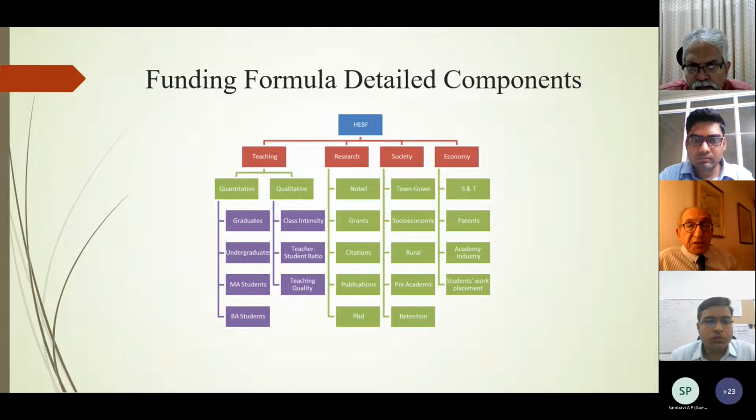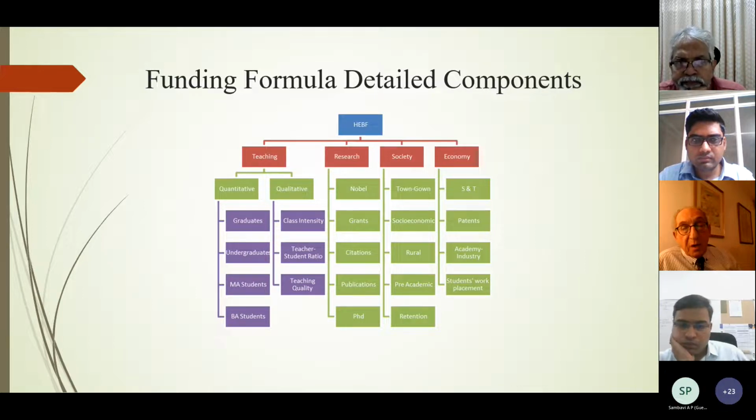Those components that you can see are by a suggested formula that is not entirely assimilated into the existing formula, but still we have the teaching formula, the research formula, the society and economy. Economy means that the linkage between industry and academia is very important. Some of those components are in a general formula, and some of them are by earmarked allocations.